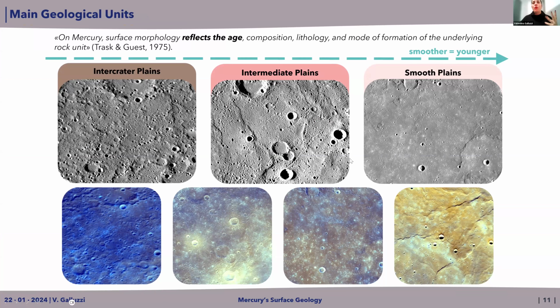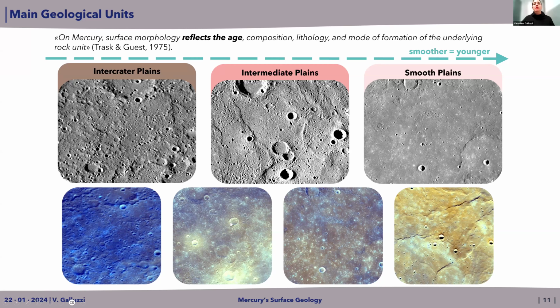And this is more or less true if we look at the surface from the pure morphological point of view. Indeed, the smooth plains are the youngest unit on Mercury. The intercrater plains are the oldest unit on Mercury. And then we have some intermediate plains that are smoother with respect to the intercrater plains, but they are more tectonized, deformed, and cratered than the smooth plains are.